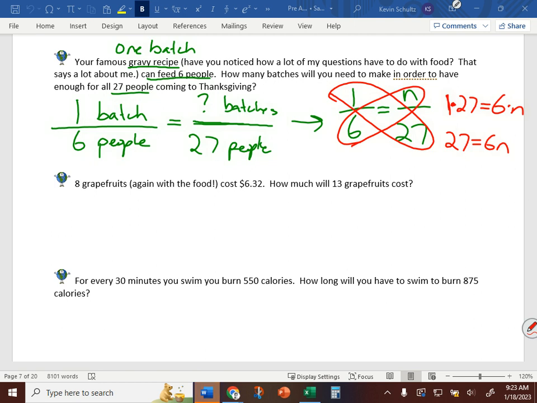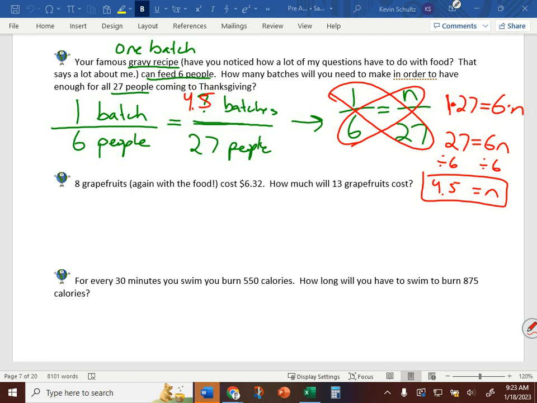What's our one step? Gregory? You divide 27 by 6. Yep. Divide 27 by 6. And that ends up being 4.5. Okay? So you need 4.5 batches in order to feed all 27 people at your Thanksgiving Day dinner.